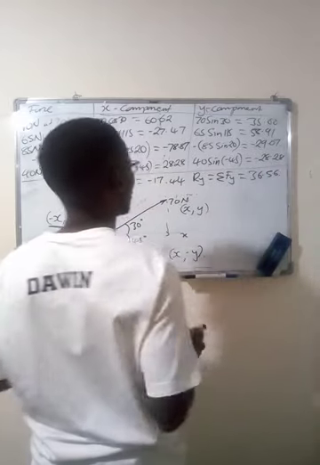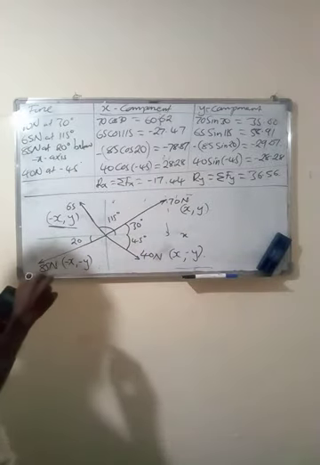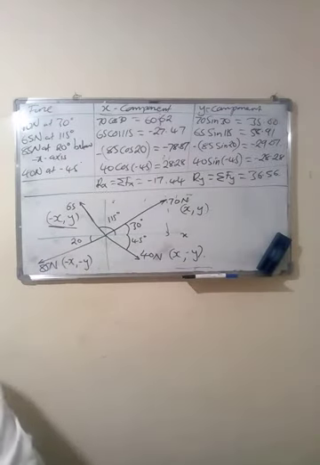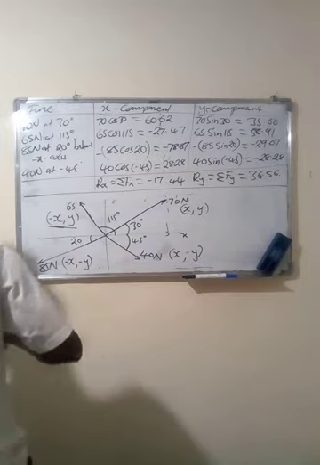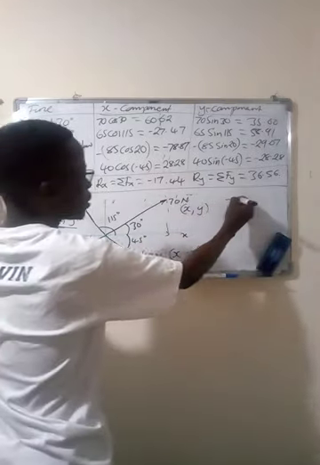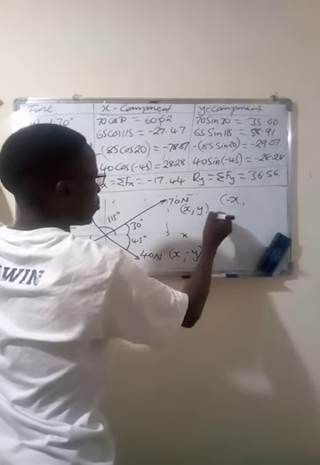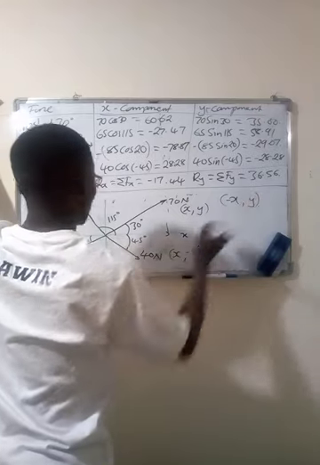Okay. So you can see from here, look at the signs, look at the nature of the components that we have obtained, right? If you look at this, you can see that it's negative. It's like we have negative x, comma, positive y. So we anticipate it to be in which quadrant? In the second quadrant, right?